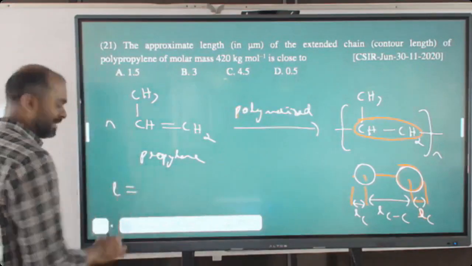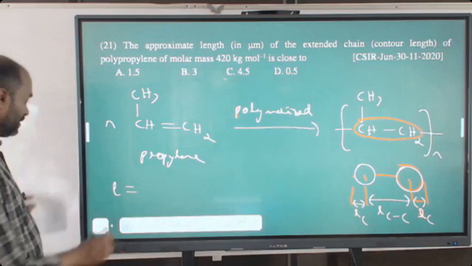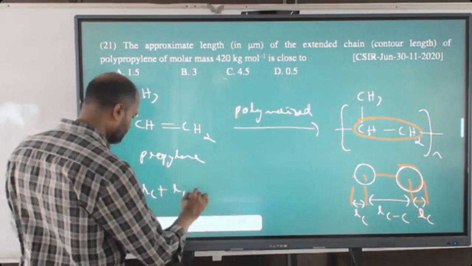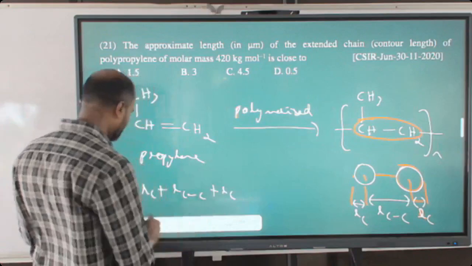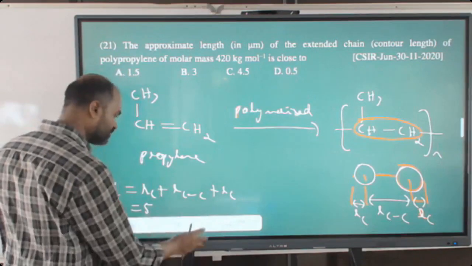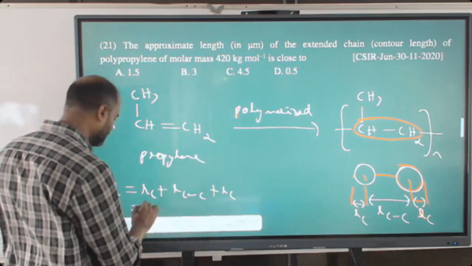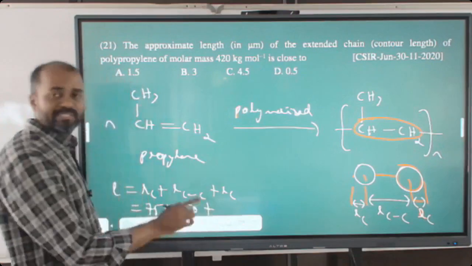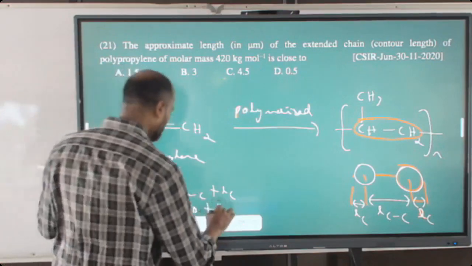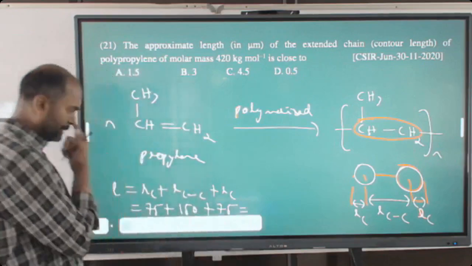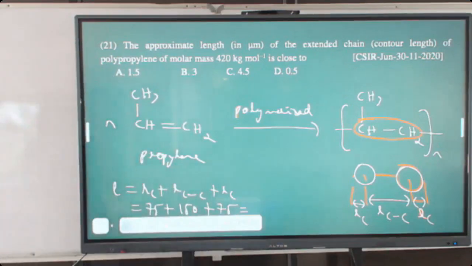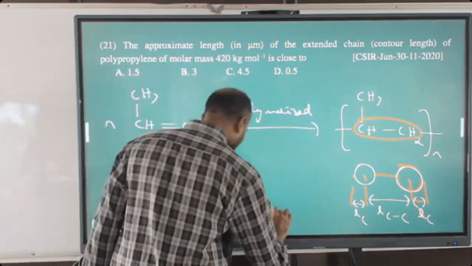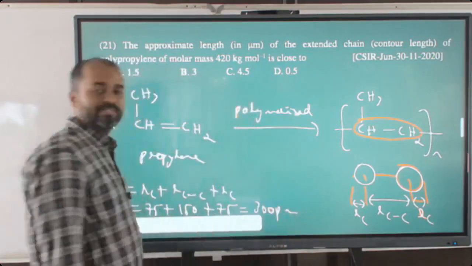Segment length L, the length of the polymer monomer unit, is the radius of carbon plus the carbon-carbon bond plus the radius of carbon. The radius of carbon is around 75 picometer. 75 plus the carbon-carbon bond length taken as 150, plus 75. 75 plus 150 plus 75 is around 300. The value is around 300 picometer.